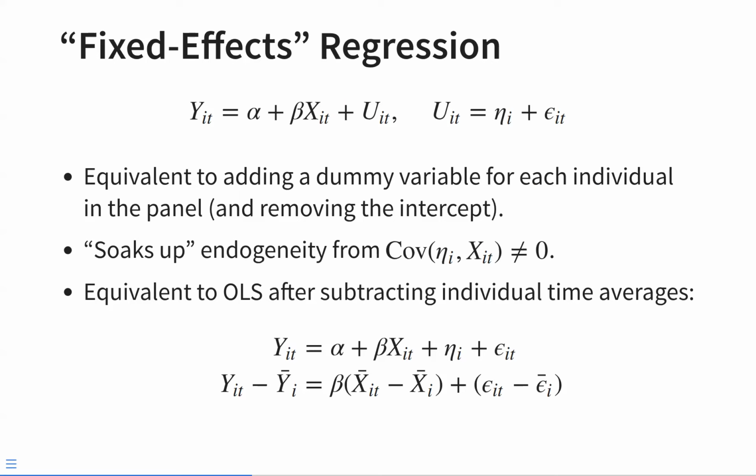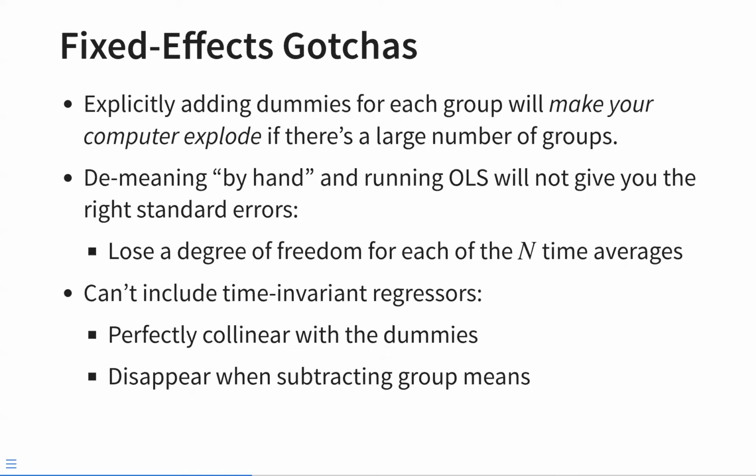It also eliminates the intercept. So if you were to run this regression without an intercept, you would be estimating this coefficient beta, and you would have removed the presence of eta i.